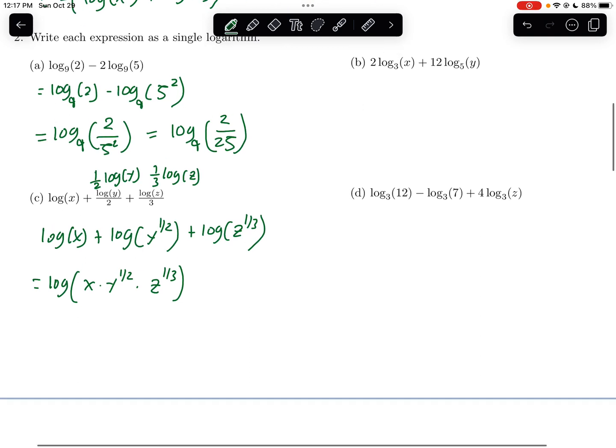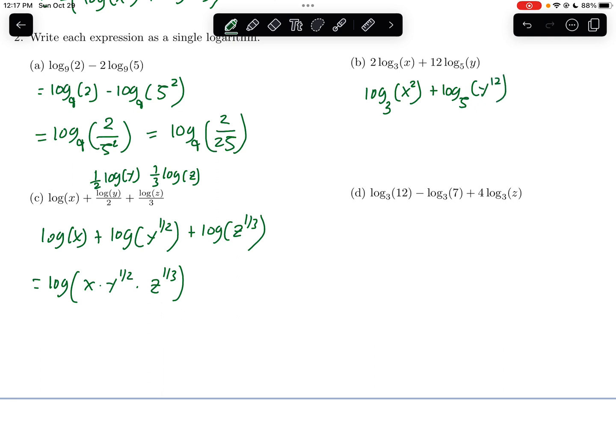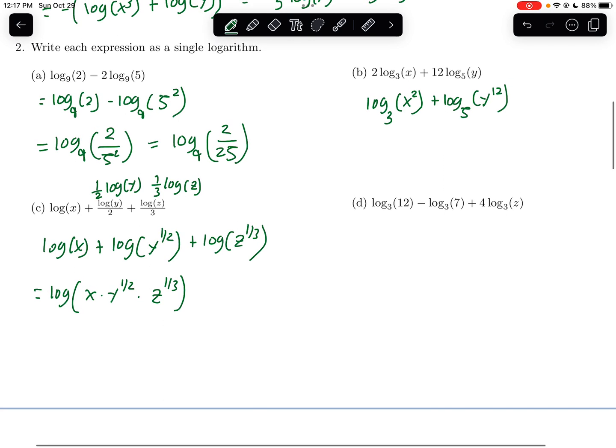My hesitation was on B. I don't know if this can be done because you have different bases. So you could write this as this, but that can't be simplified anymore because you have different bases. And you could convert them into a common base, but I don't know if that was the goal here.